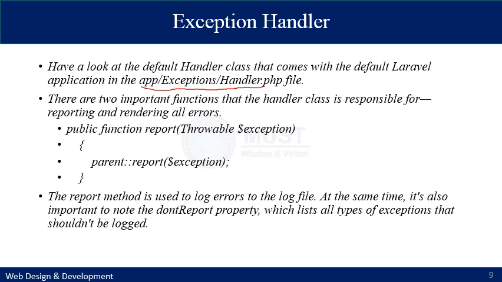There are two important functions that the handler class is responsible for: reporting and handling all errors. First is the report method, which catches a throwable exception and sends the report. The method is used to log errors to the log file.